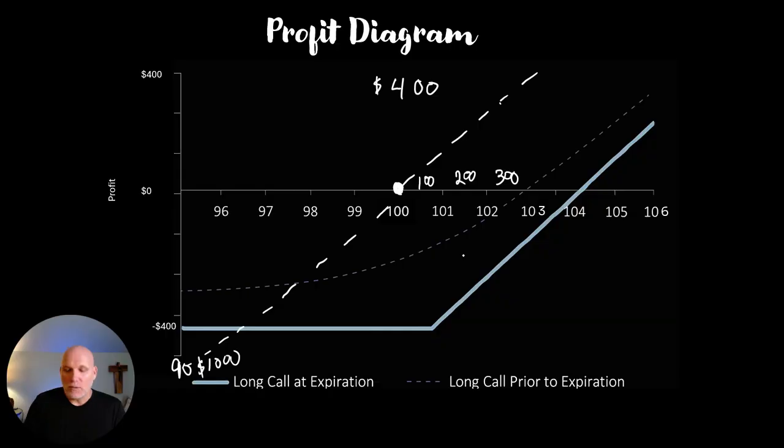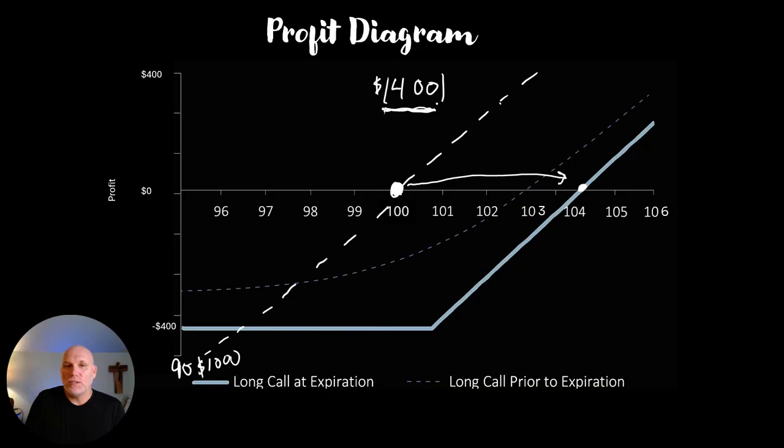Okay. A call option works like this. If I buy a call, and let's say I buy it for $400, and my strike price is 100, and it's 30 days away from expiration. If the stock stays here for the entire 30 days, my call will become worthless. If the stock moves up this direction, if at the expiration date the price is at 104, that's my break even, because the stock has to move enough to overcome what I paid for the call.